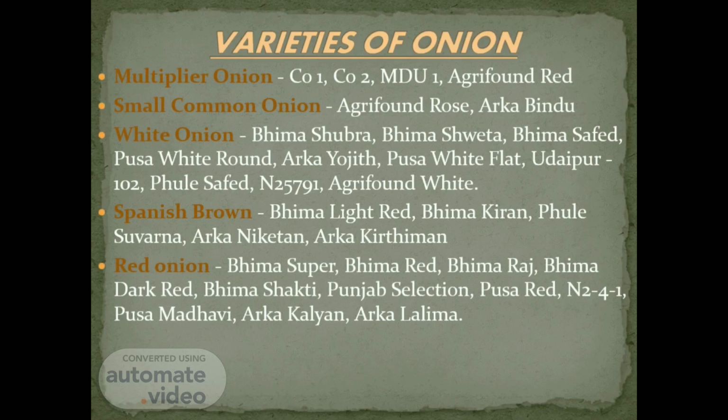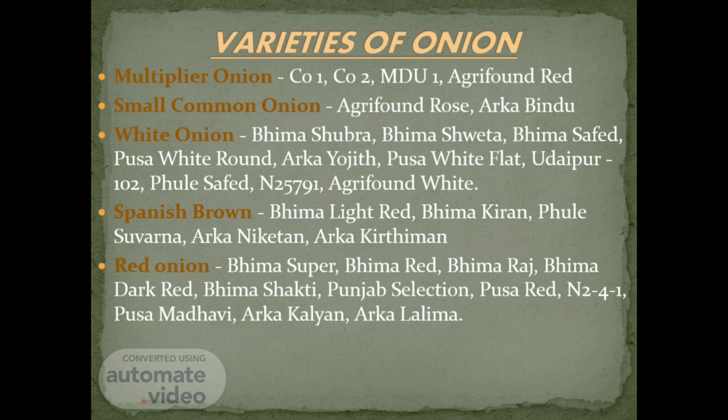Varieties of onion. First, multiplier onions, which include CO1, CO2, MDU1, Agrifound red. Second, small common onions, which include Agrifound rose, Arka bindu.